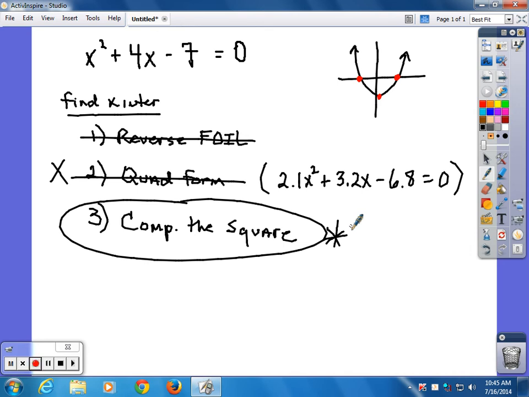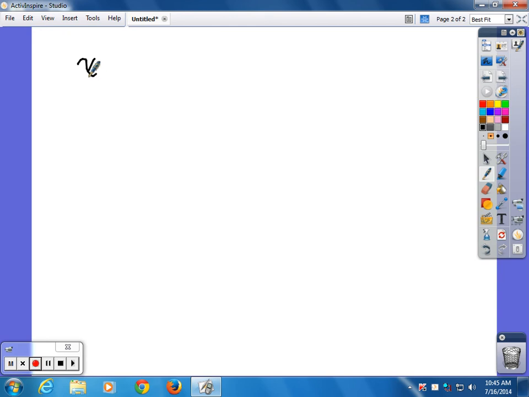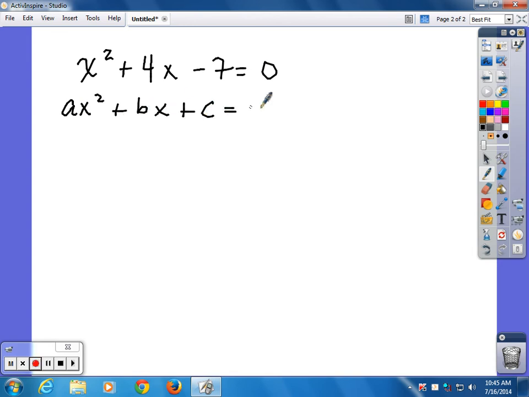So, this is what we use. So, x squared plus 4x minus 7 is equal to 0. First thing you do is you move c. Now, this is in the form of a quadratic equation, and I'm going to write it right up under here: ax squared plus bx plus c is equal to 0.